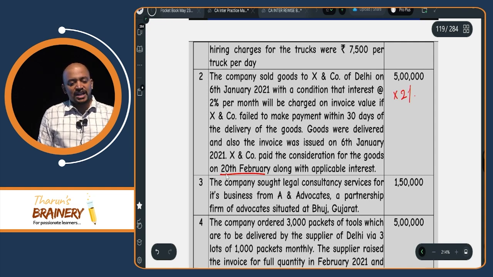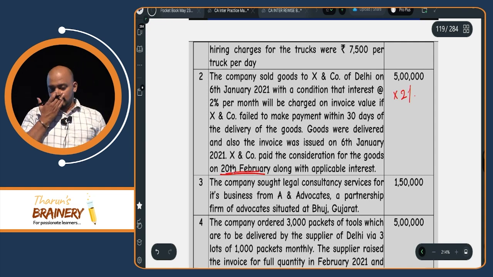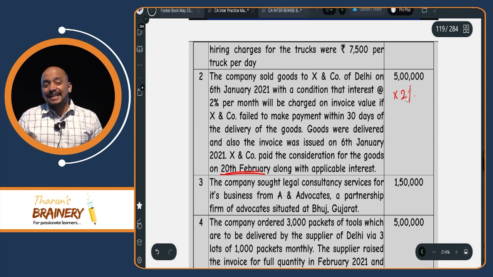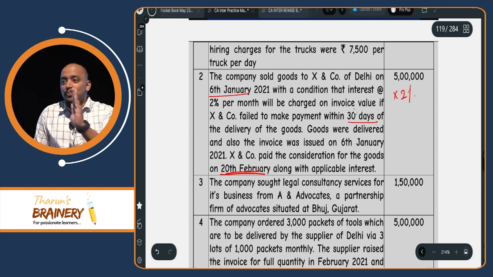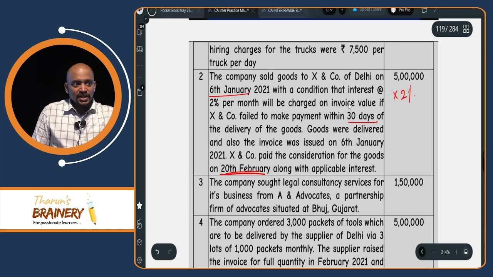Payment is made on 20th February. So, 2% per month. Okay. How many days delay beyond 30 days? 15 days, because 6th January, 30 days is 5th of February, because in January 31 days. 5th of February. So 20th February means 15 days.